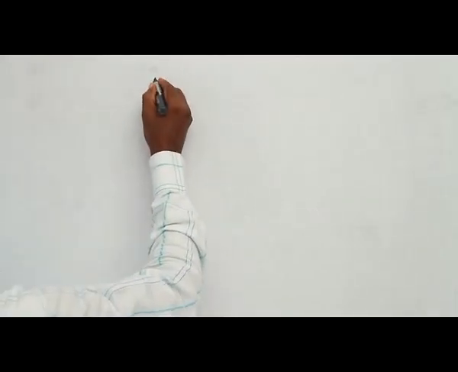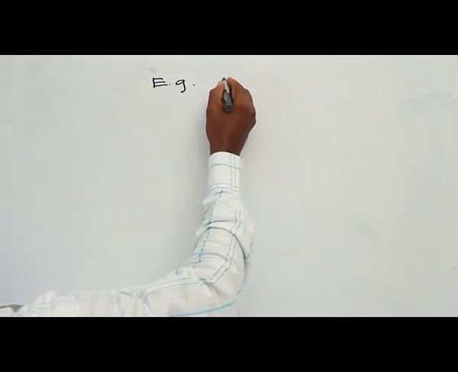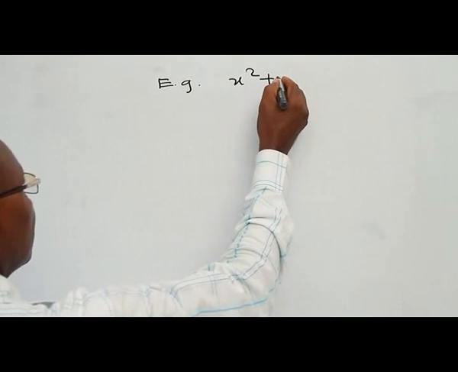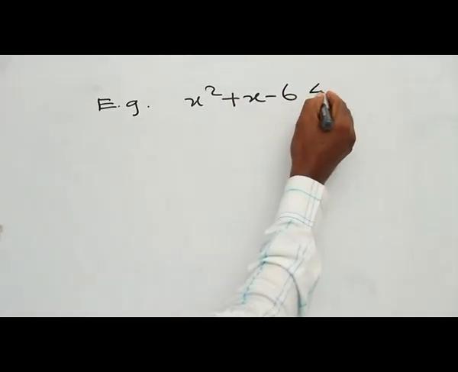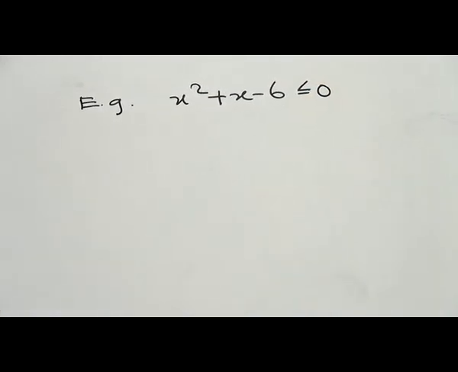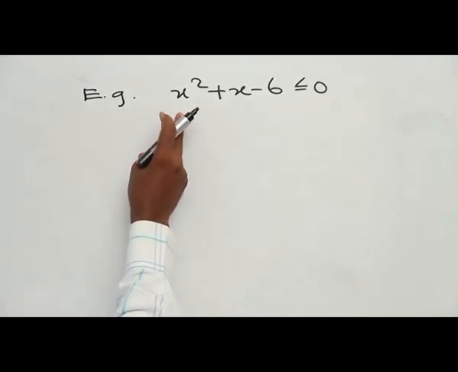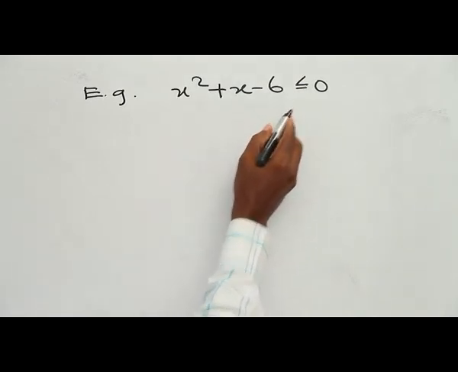Let's say, for example, the inequality s squared plus s minus 6 is less than or equal to 0, and we are required to find the values of s for which this inequality is true.